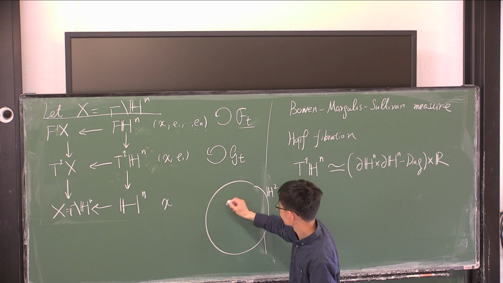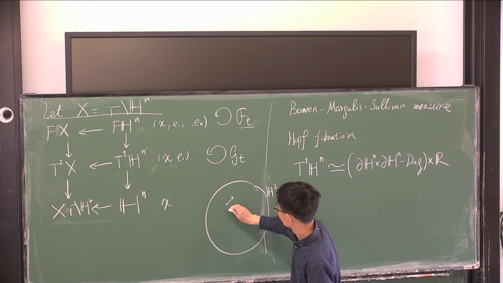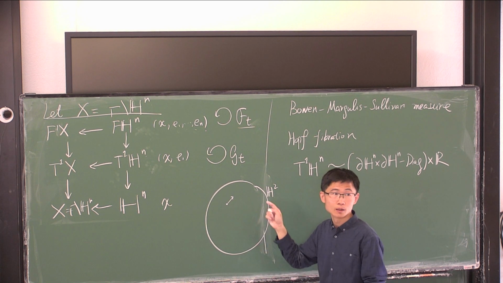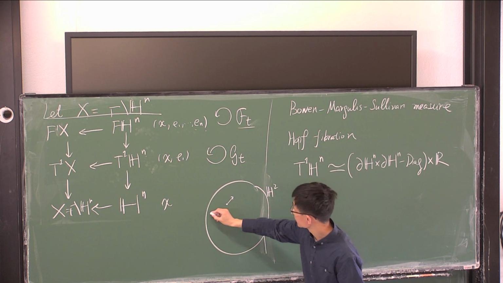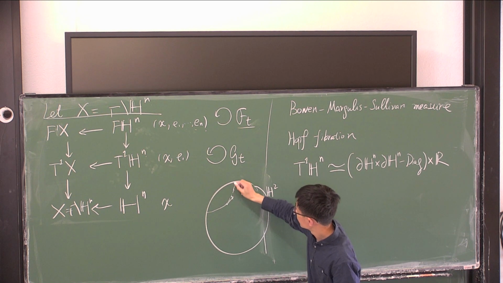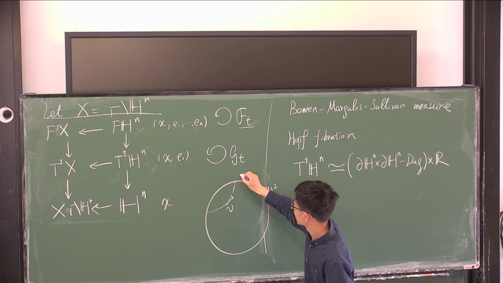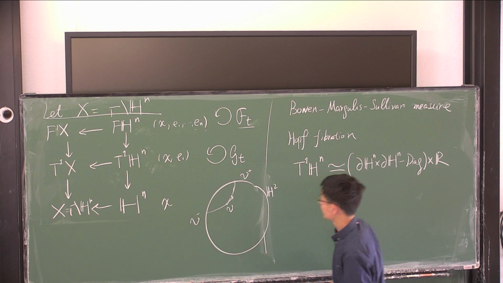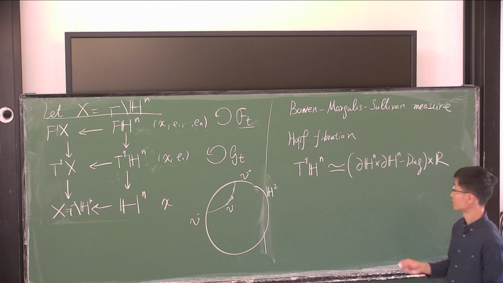For each point in the unit tangent bundle, you have a base point and a direction, and then you can draw the infinite geodesic starting from this vector v. Then v plus is the geodesic going to infinity, and v minus is the geodesic going to minus infinity.